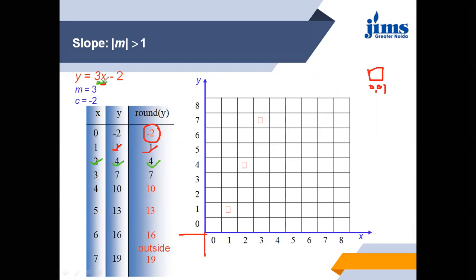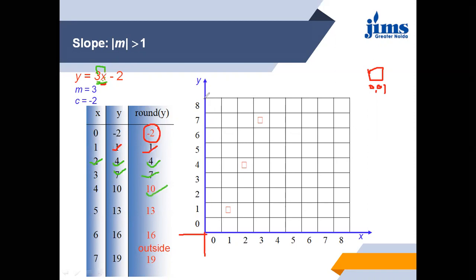When x is 3, 3 multiplied by 3 is 9, 9 minus 2 is 7. When x is 4, 4 multiplied by 3 is 12, 12 minus 2 is 10.